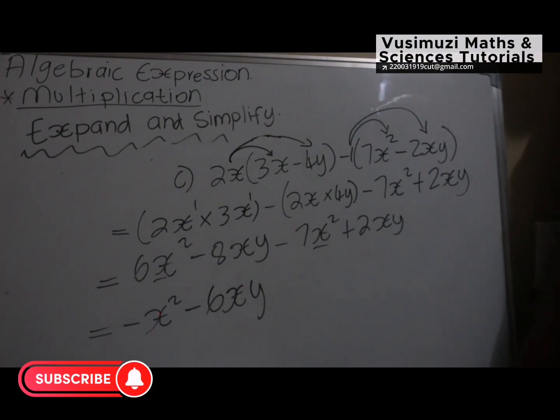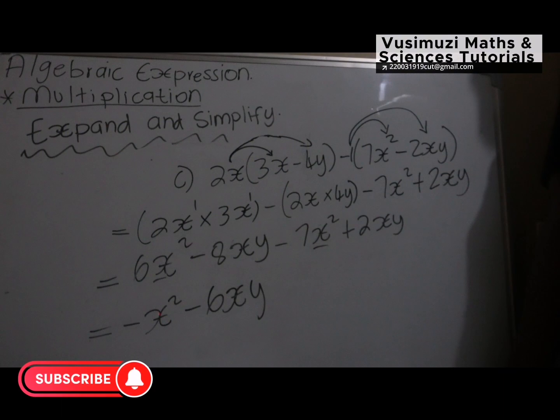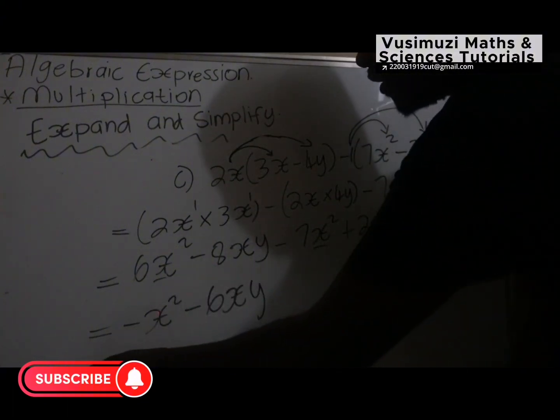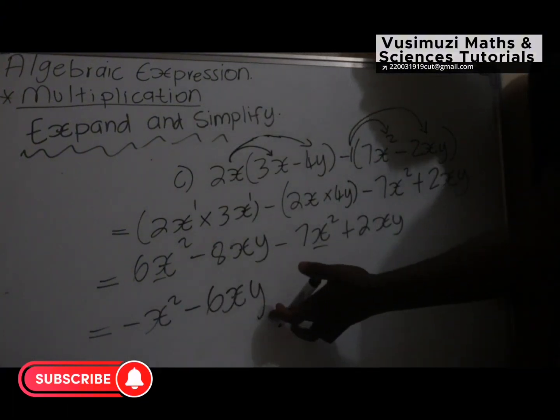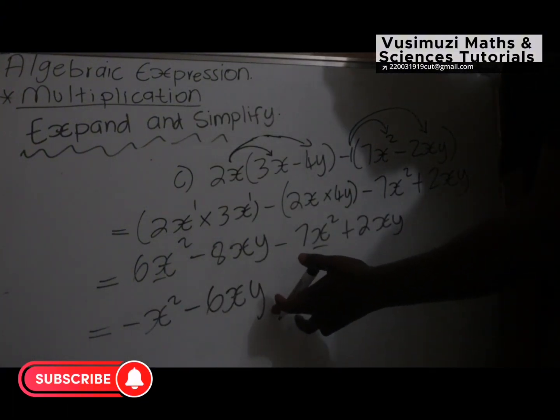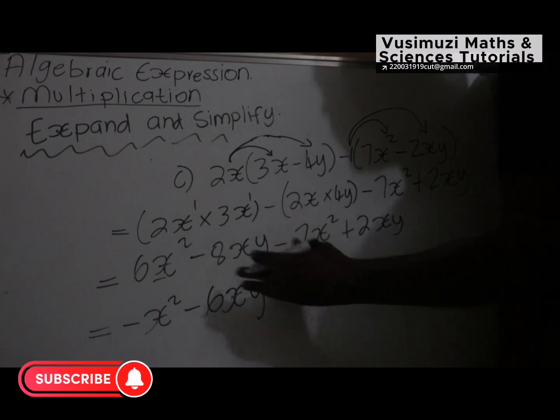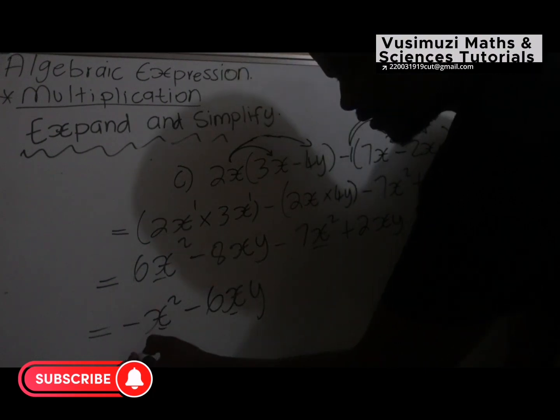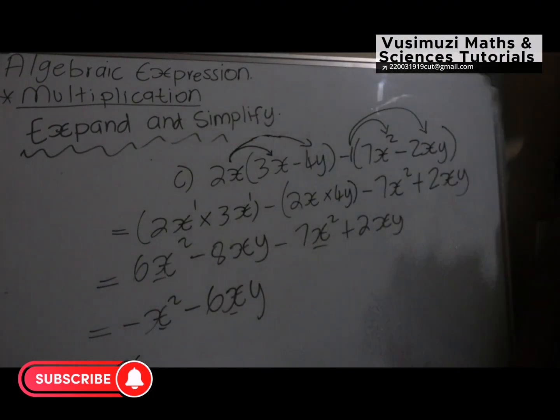Now the last thing that you might check is the common factor. What's common between the first term and the second term? Which variable is present in both? x and x. For x, we take out the x with the lowest exponent.